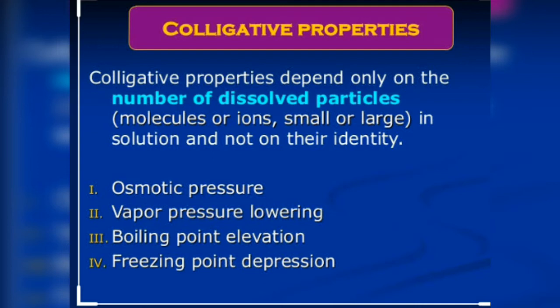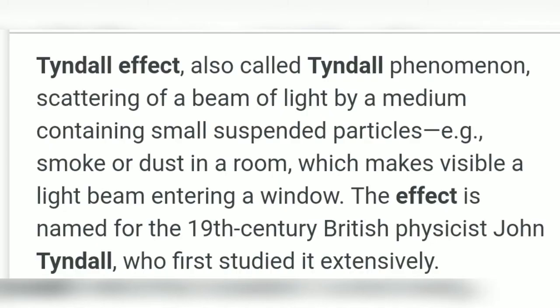So when you come across the formulas over there, you will come to know that it directly depends on the number of the particles. When any property depends on the number of the particles, such properties are known as colligative properties. It means osmotic pressure, vapor pressure, boiling point, freezing point, all these are colligative properties. So when we talk about the colloidal solutions, that is also a colligative property.